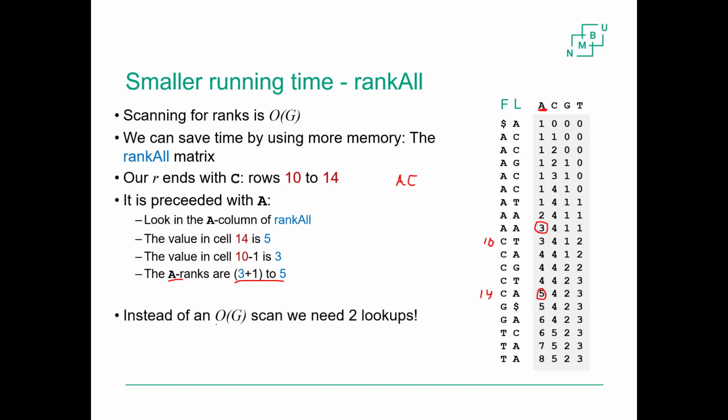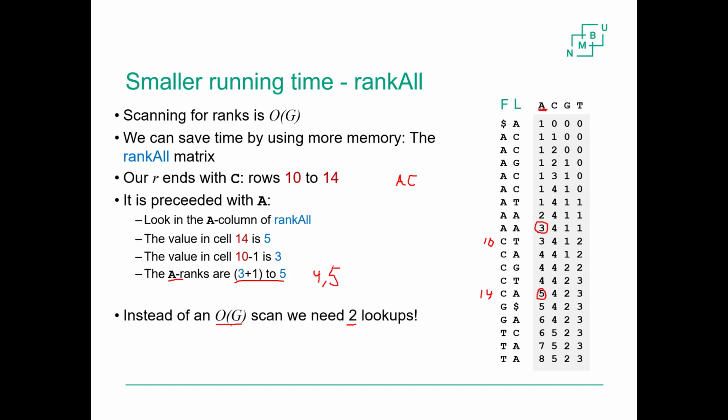So instead of scanning through this section, we now need only 2 lookups to find these two numbers. And from these two numbers, we have all the ranks of A that we are going to need, 4 and 5. Go to the previous slide to see that this is actually correct. And this is always correct, it turns out.